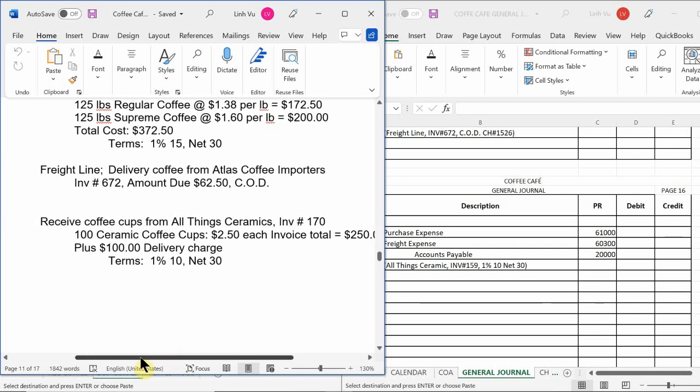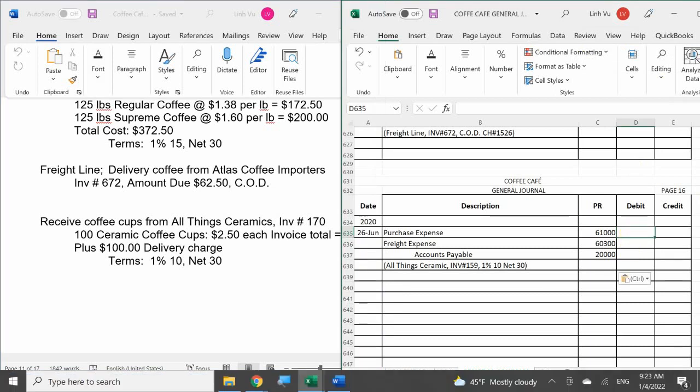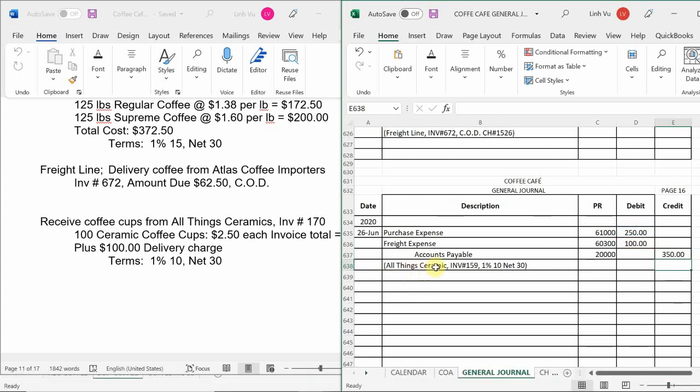Okay, so 250 plus $100 worth of freight is $350. All Things Ceramics, invoice number 170, 1% 10 net 30.